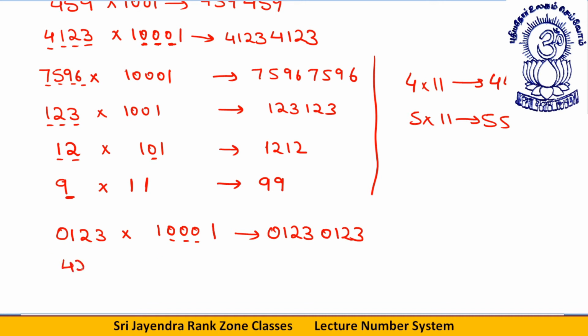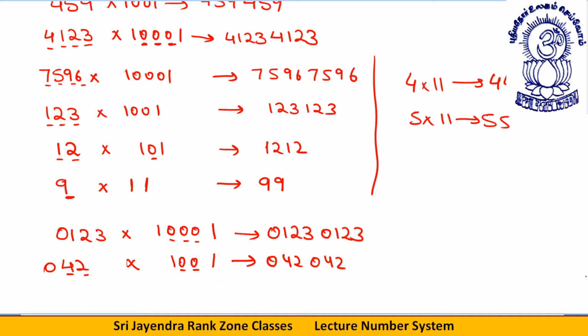Suppose I do 42 into 1001. Two digits, two zeros and two digits. Let's make it three digits. The product will be 042 042. I hope so far things are clear.